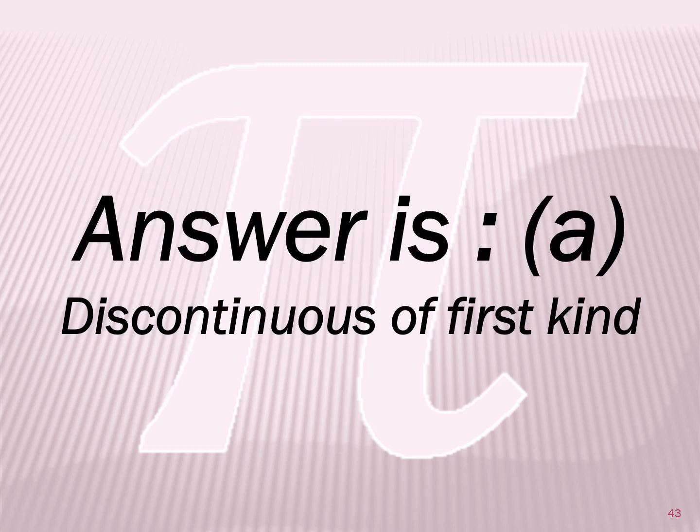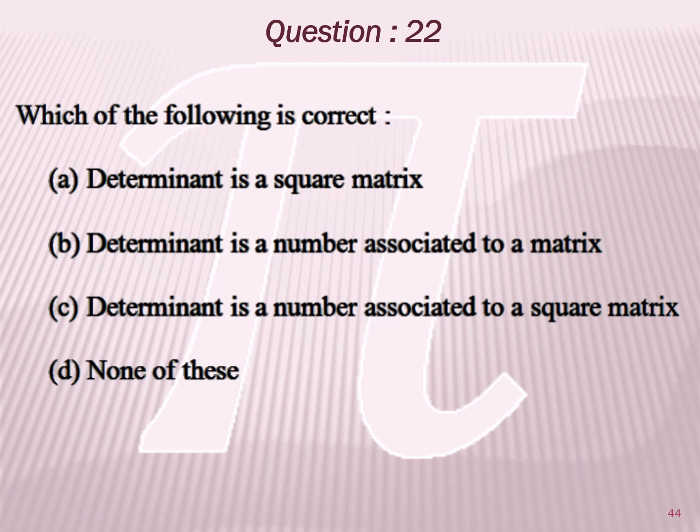This question is option A, discontinuous of first kind. Which of the following is correct? Number 1, that is option A, determinant is a square matrix. Option B, determinant is a number associated to a matrix. Option C, determinant is a number associated to a square matrix.